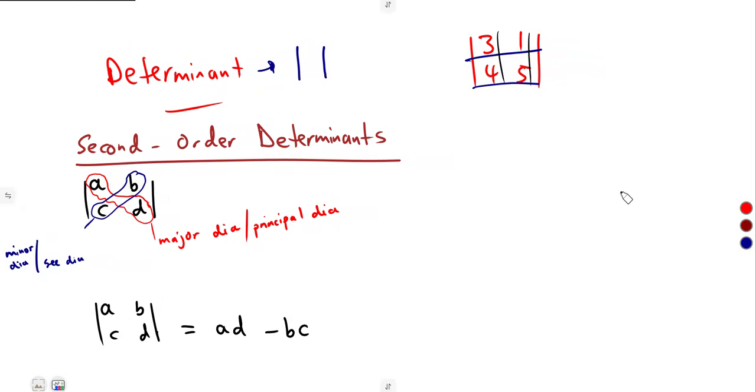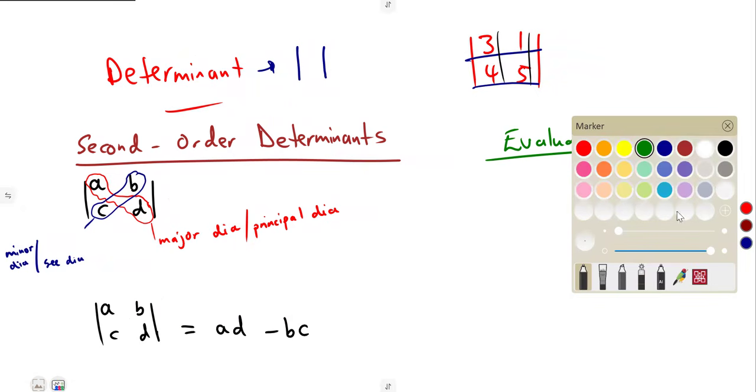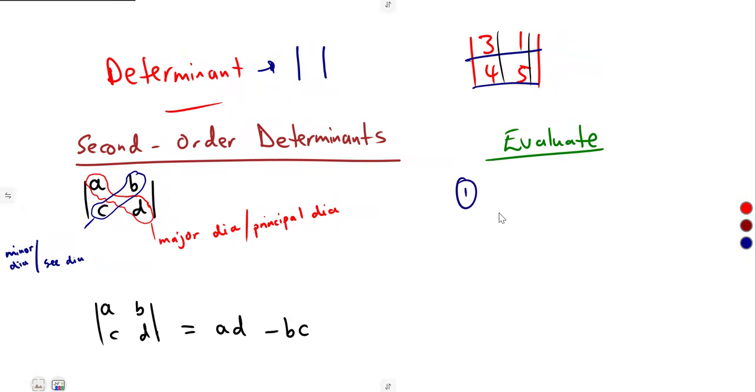So questions can be: determine, evaluate, all right? So if I'm given something like this for an example, evaluate, and then we are given something like this: 7, 2, 8, 3.